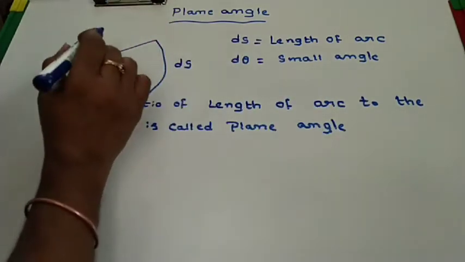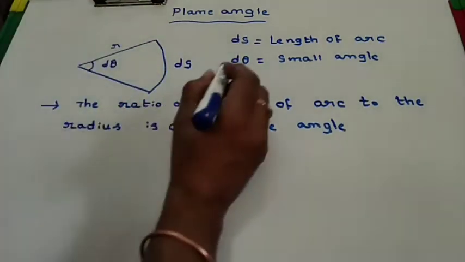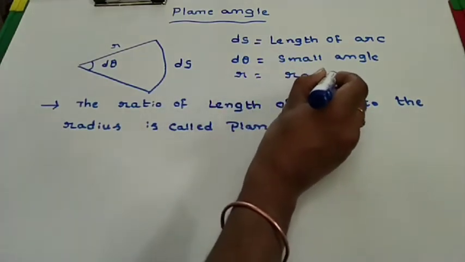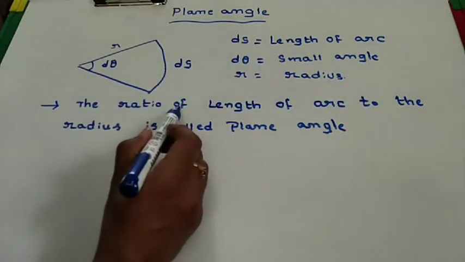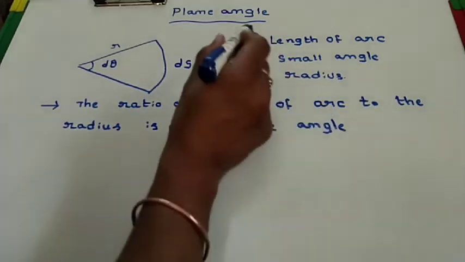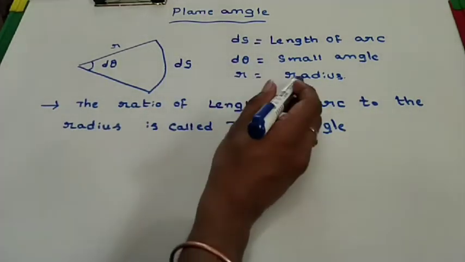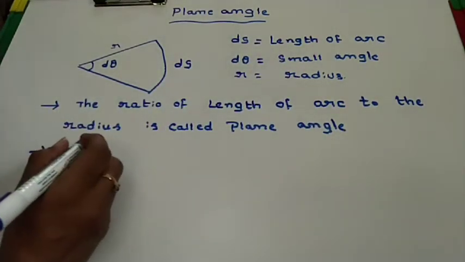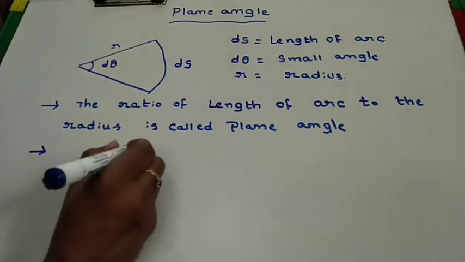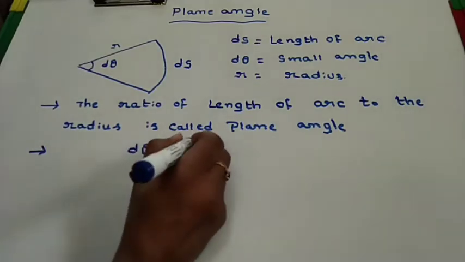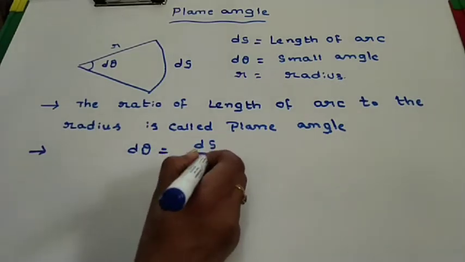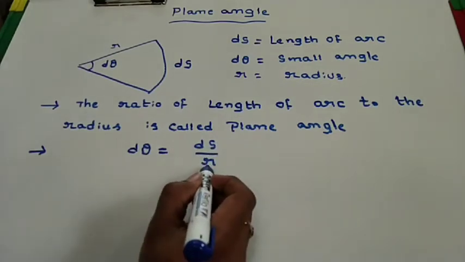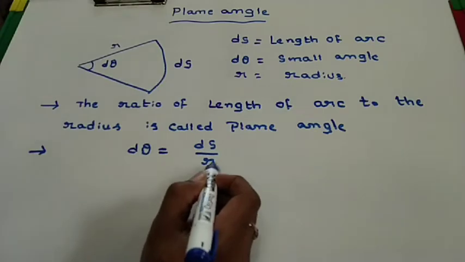Now consider the radius r, where r is equal to the radius. Once again I am explaining, the ratio of the length of the arc, that means ds, to the radius r is called plane angle. Now it can be written as d theta is equal to ds by r. Once again, the ratio of the length of the arc to the radius of the circle is called plane angle.